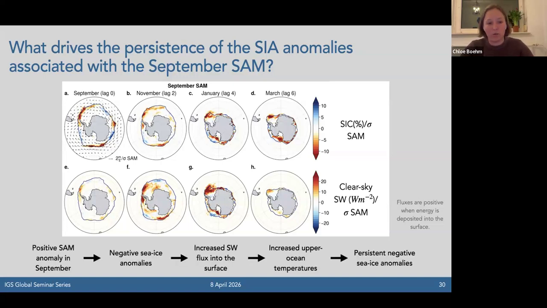So to summarize that point: given a positive SAM anomaly in September, you get these negative sea ice anomalies and increased shortwave fluxes into the surface, and that results in increased upper ocean temperatures, which results in the conditions that let you get these persistent negative sea ice anomalies for longer than, say, SAM anomalies that would occur in February or March.